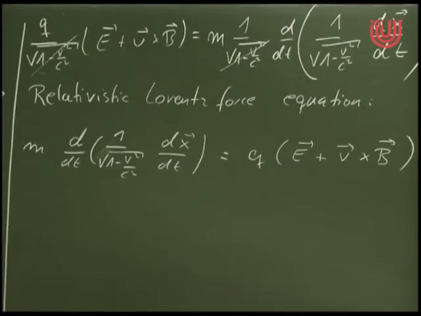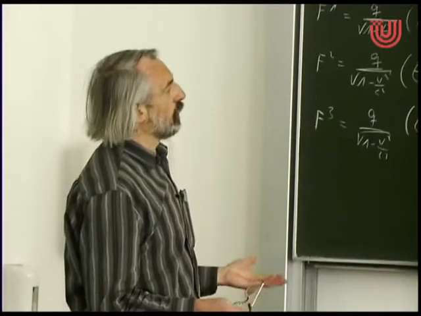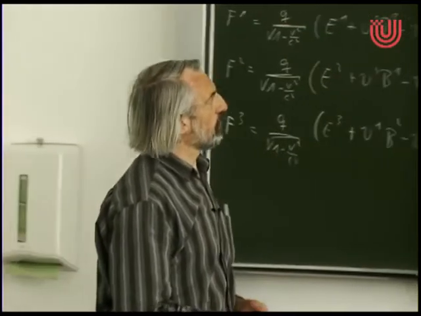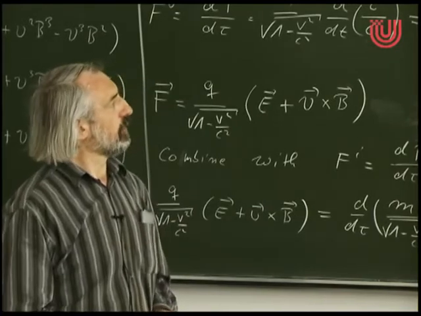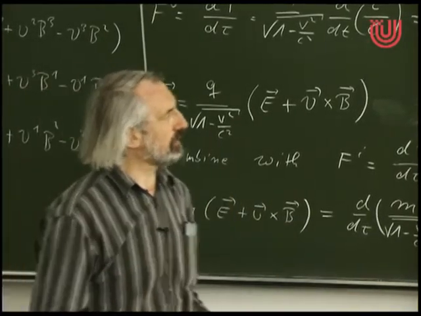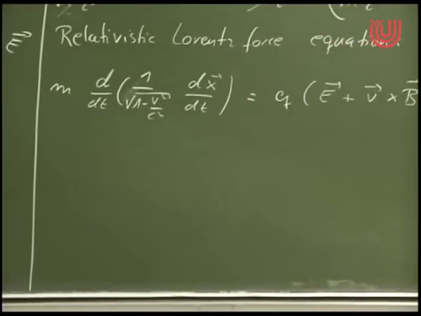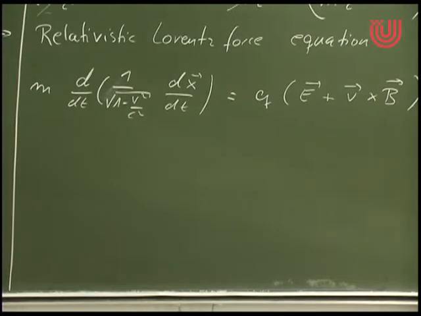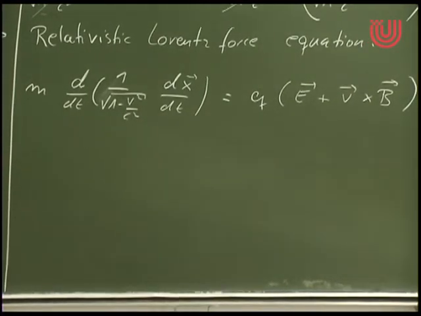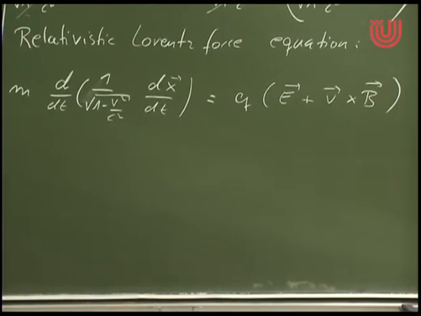So that's the Lorentz force equation in 3-vector notation. And actually, the easiest way to memorize it is, of course, in the 4-vector notation, because that's much more compact. Yeah? And if you have this in your head, then with a little bit of effort, you can reproduce this formula. Well, it's also not too difficult to learn by heart, but it's certainly not as compact and as simple as the 4-vector notation.